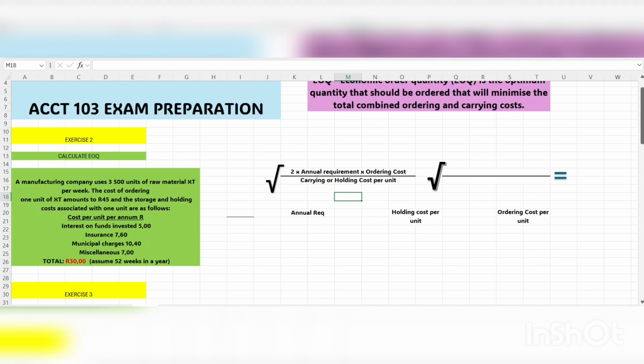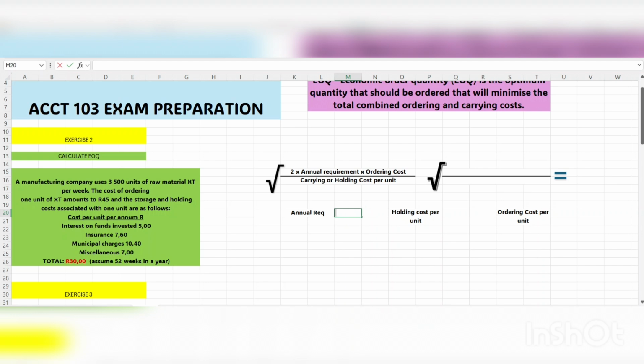Okay, so the first thing we're going to do is find our annual requirement, and it tells us here that they use 3,500 units per week. Annual requirement is yearly. The cost of ordering is 45, and our storage and holding cost for 1 unit is 30 rands, and we're told that there are 52 weeks in a year.